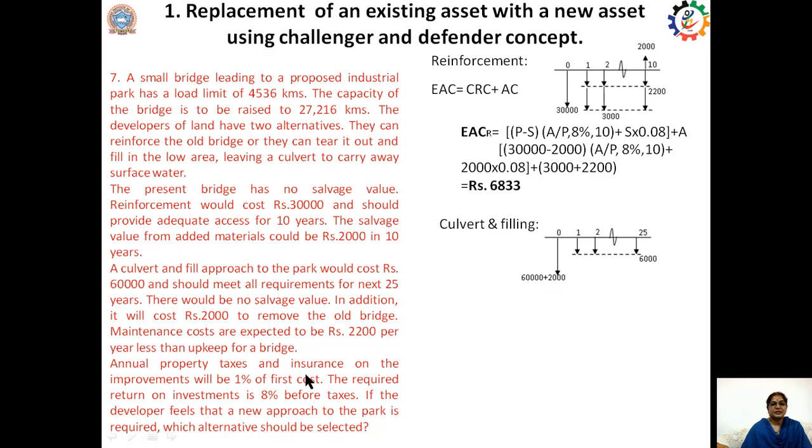Annual property taxes and insurance on the improvements will be 1% of first cost. First cost 30,000, 1% is 3,000. First cost 60,000, don't consider 2,000 here, 6,000 is 1%. I is 8%, here two percentages are there, don't get confused. This is I, this is for the 1% calculation, one of the costs.